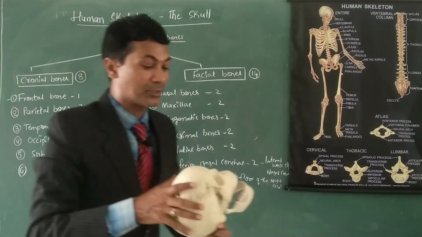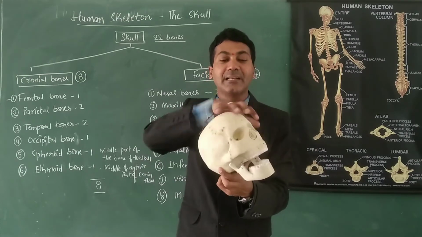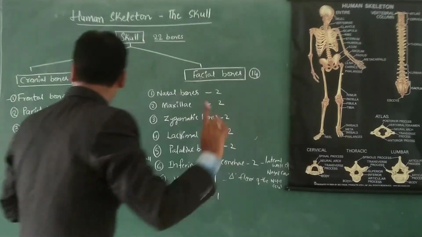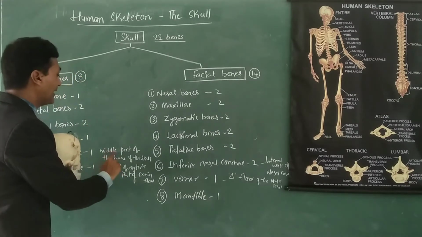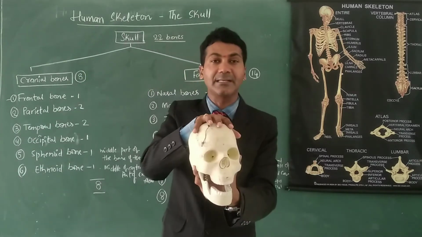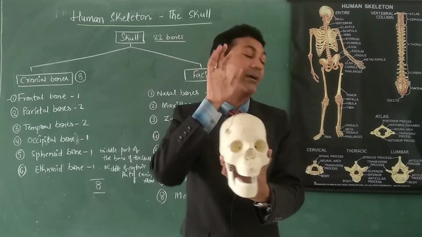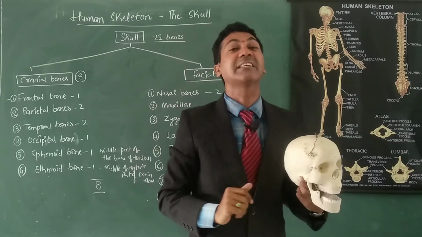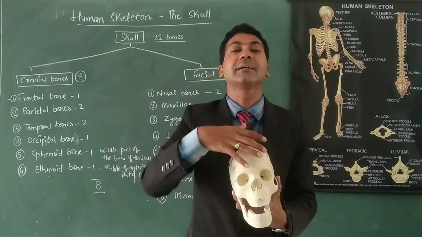Now there are two bones which are innerly arranged, which are not externally appearing. The fifth type of bone is the sphenoid bone, a single bone, in the middle part of the base of the skull. So this is the skull, right? At the base of the skull, in the middle, there is a bone called the sphenoid bone, which is called the keystone bone because it connects all cranial bones.